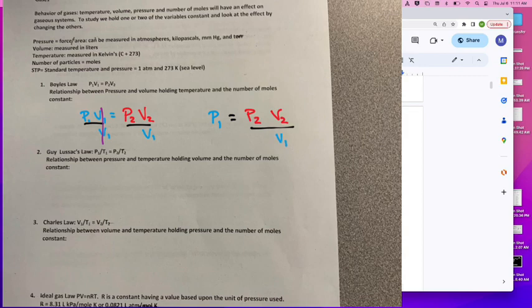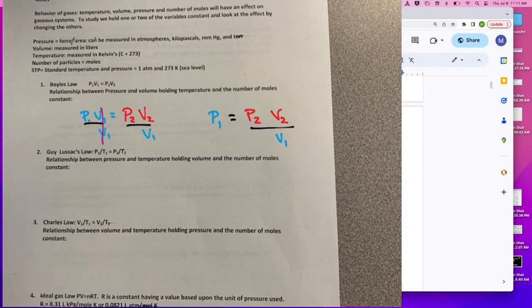Can the V1 cancel the V2? No, why not? They're not the same. One is V1, one is V2. Those are different systems. They can't cancel perfectly. So this would now allow me to create a system where if I knew 3 of the variables, P2, V2, and V1, I could solve for P1.